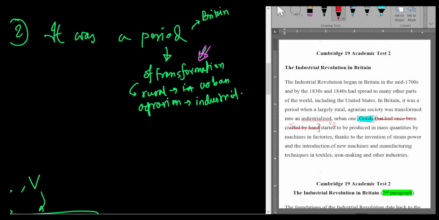Okay, so started is another verb. So what we are doing, we are looking for a verb of goods, as goods was our main subject. So we were looking for a verb of these goods. Okay, so we got another verb which is started, and started it is alone. There is nothing before started except goods.